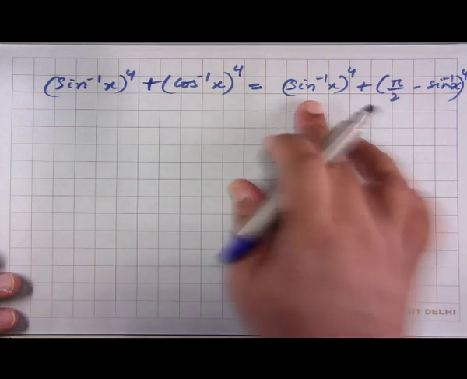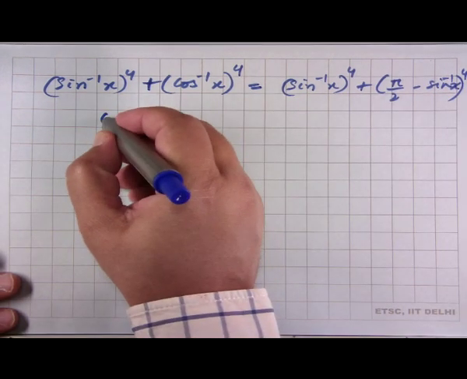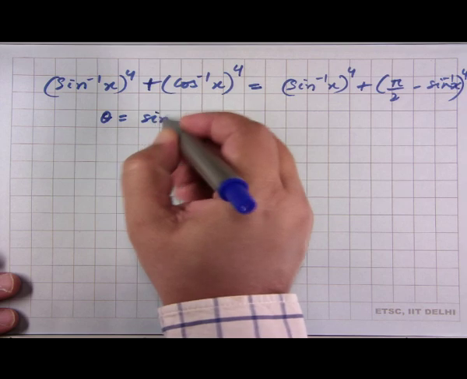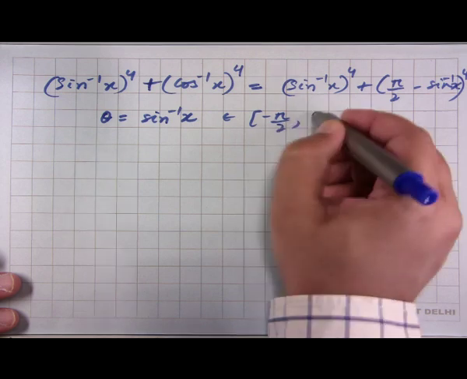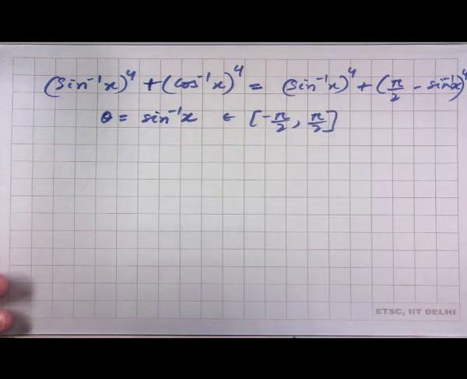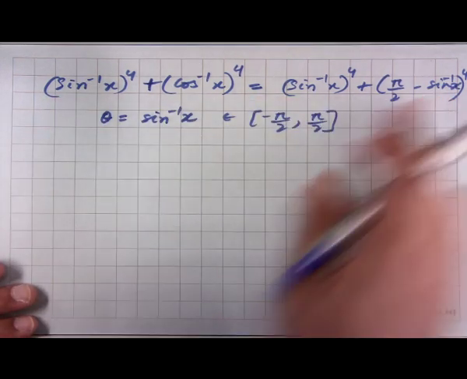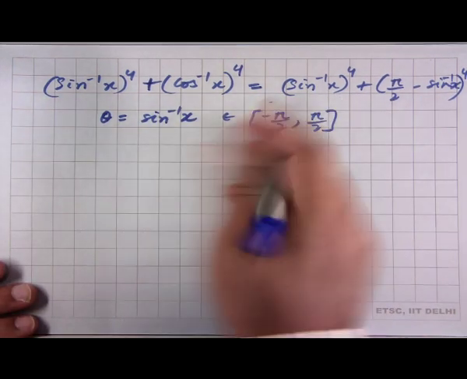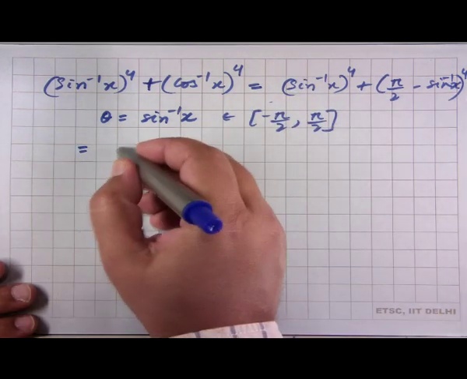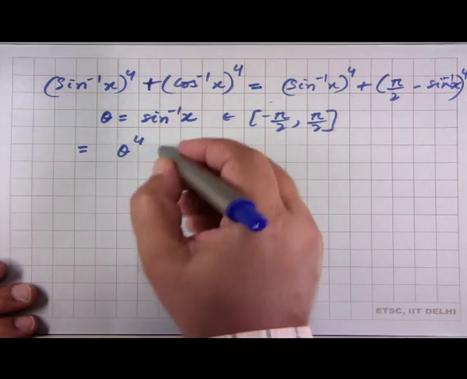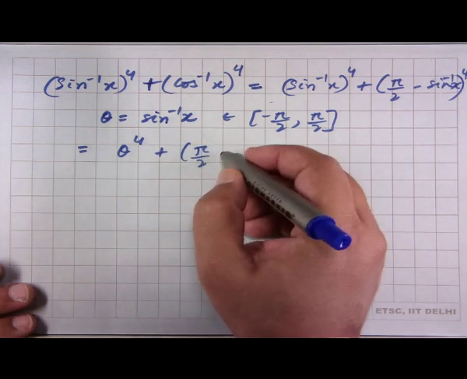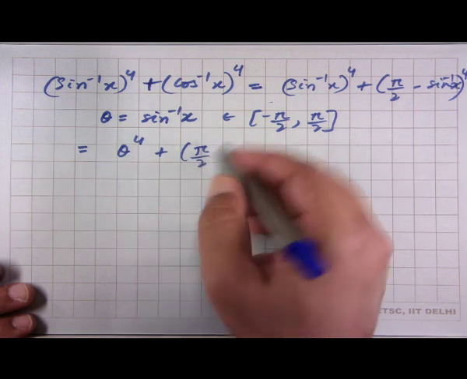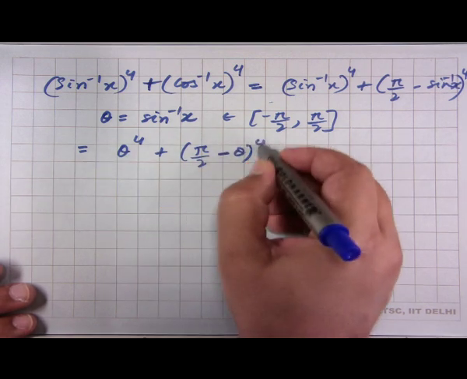And just to simplify this, let us say that theta is equal to sin inverse x, and of course theta has to belong to the interval minus pi by 2 to plus pi by 2, which is the range set of sin inverse. And then this entire expression becomes in terms of theta, theta to the power 4 plus pi by 2 minus theta to the power 4.